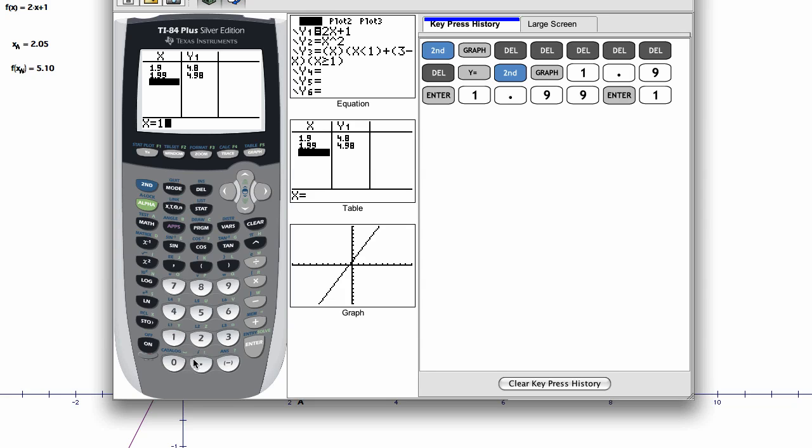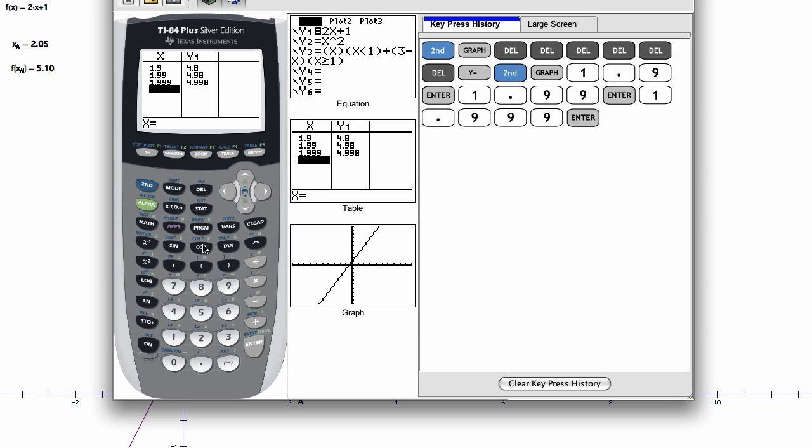Well, let's do one more to see if we ever get to 5. And you can see all we did was we just got closer to 5. We didn't actually reach it, but we got pretty darn close to it. So it looks like as we're coming in on 2 from the left-hand side, my y value is approaching the value of 5 from below.